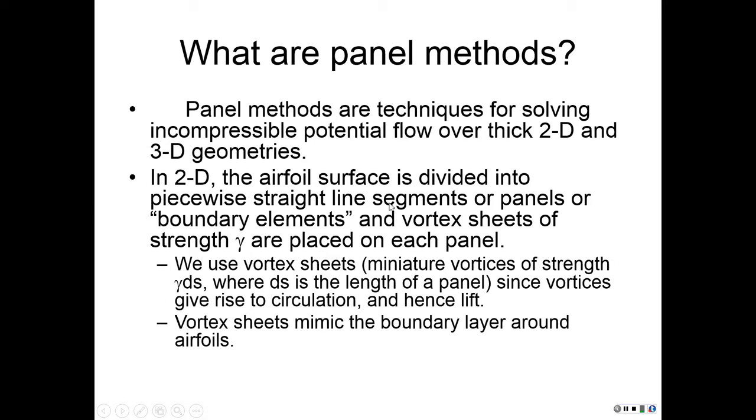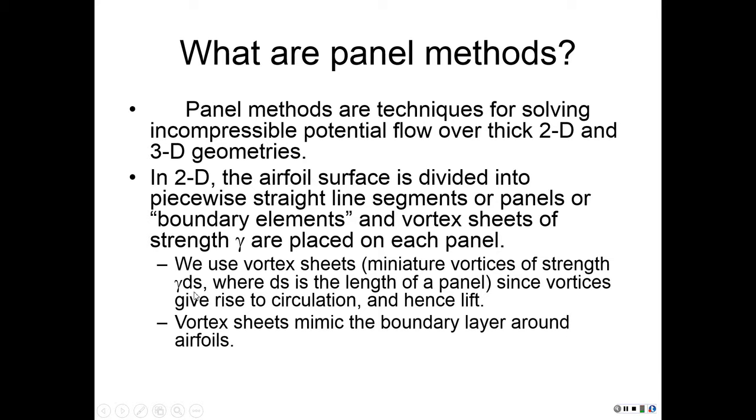On each of these panels, we are going to put a thin boundary layer. As we know, the boundary layer has vorticity. We are squishing all of it so that it becomes an infinitesimally thin sheet rather than a thick boundary layer. So it has a strength of gamma. These are miniature vorticities spread over a length delta S, where delta S is the length of a single straight line segment.